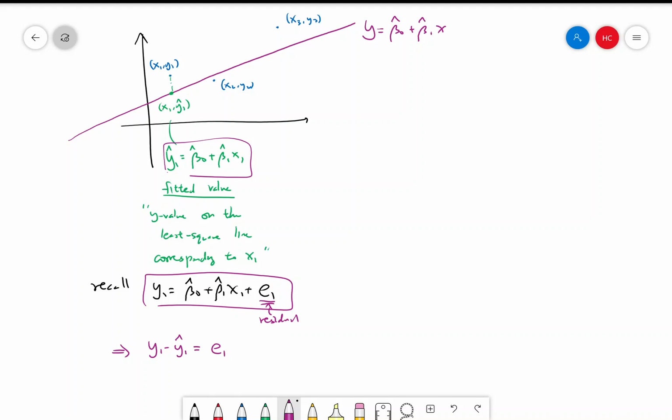So this vertical distance here is e1, which is the vertical distance from x1, y1 to the least square line. And same thing, we have e2, so this tiny thing is e2, and this is e3.